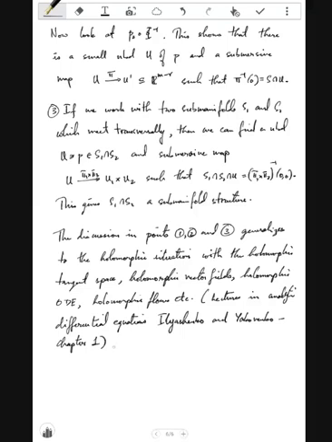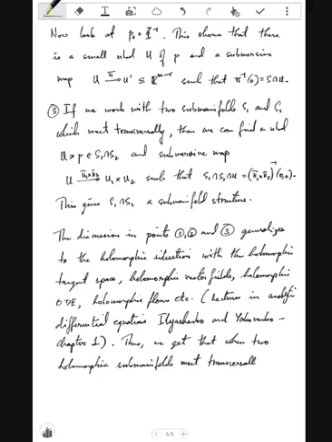So thus we get that when two holomorphic submanifolds meet transversely, the intersection is a holomorphic submanifold.